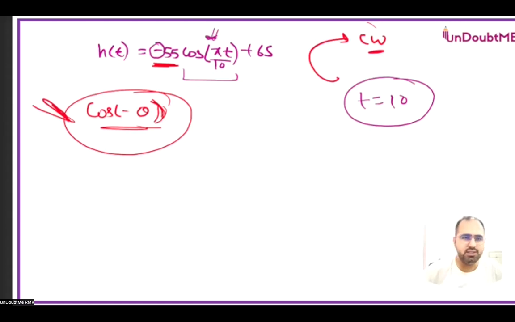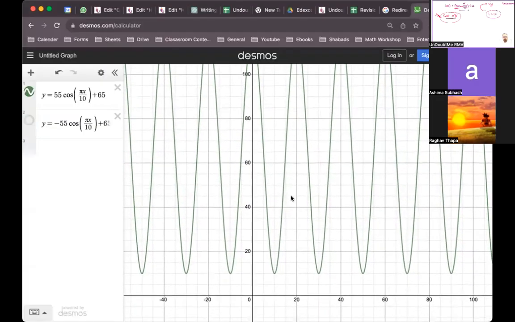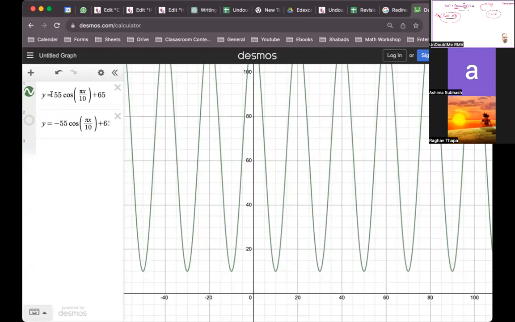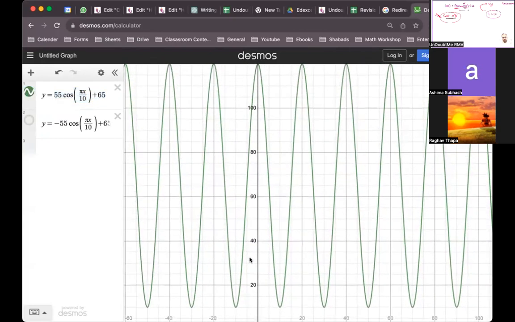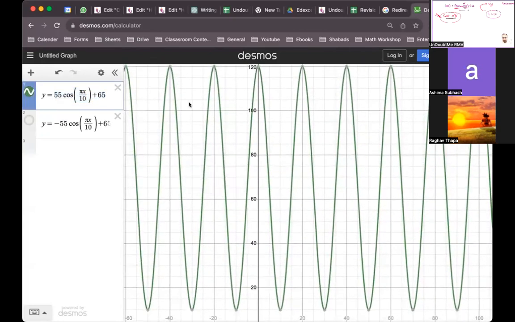Just for verification, if you look at the green one, this is exactly the graph we are dealing with. X is the same as t. So at t equal to 0, as per the first equation, the green equation, the Ferris wheel will start at 120. If we are going with plus 55, the wheel will start at 120.